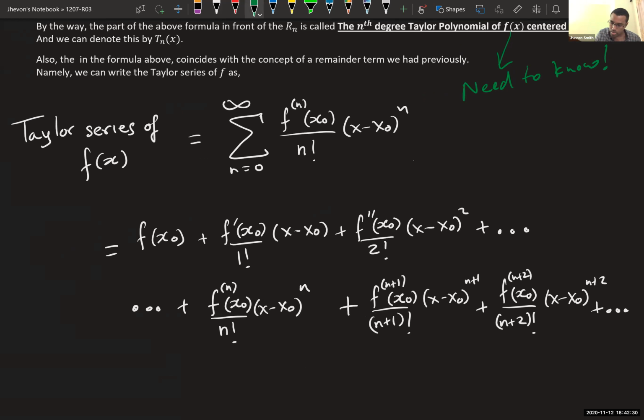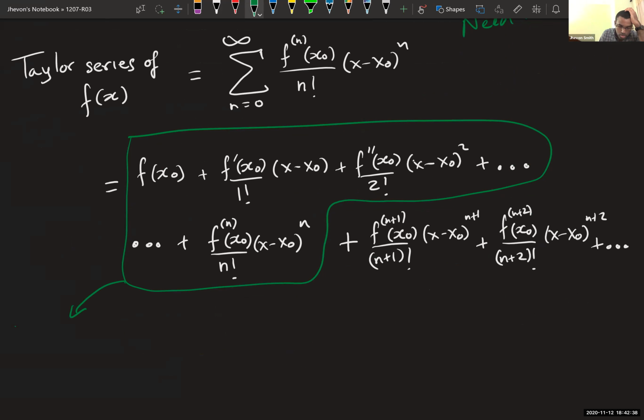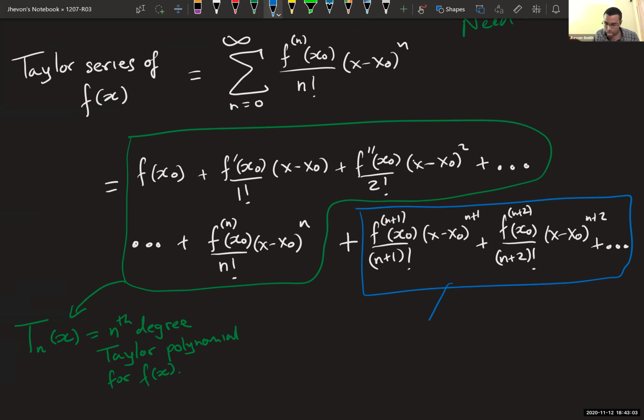Now this part of the function here, up to degree n, is called the nth degree Taylor polynomial. So this is what we refer to as T sub n of x, the nth degree Taylor polynomial for f of x. The part that's left over from this point onwards is called R sub n, the remainder term.